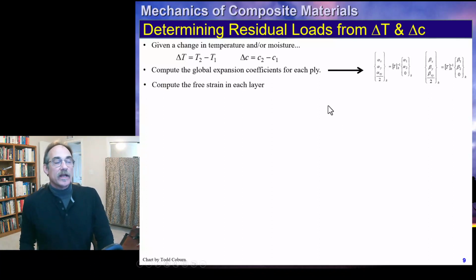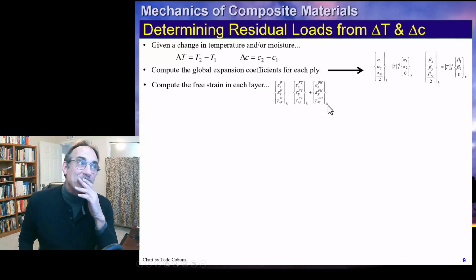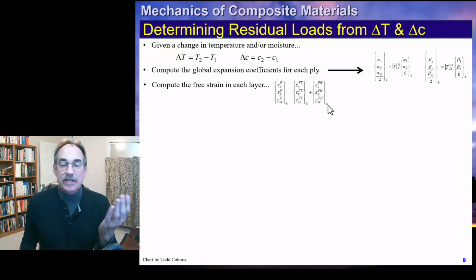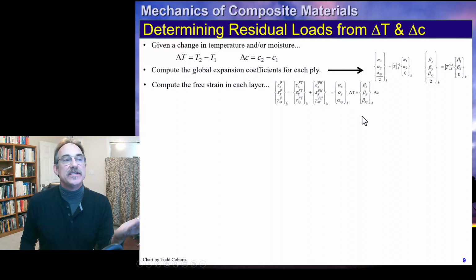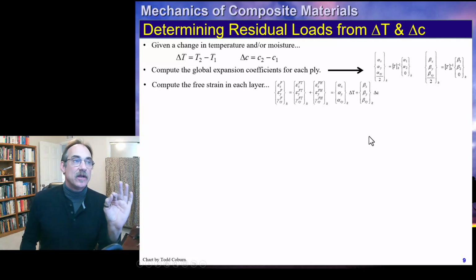Next, we're going to calculate the free strain in each layer. This is evaluating how much do these want to strain due to the change in temperature and due to the change in moisture. We can do that like this, which we saw can be written this way. Okay, that means we're doing this calculation for every layer.